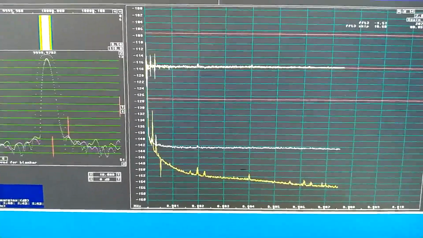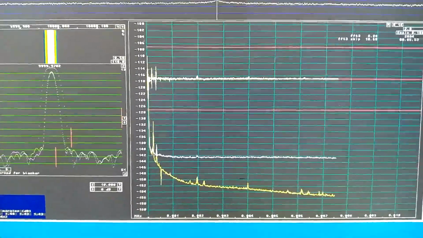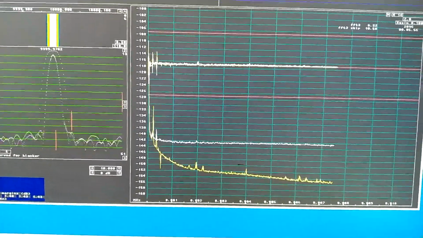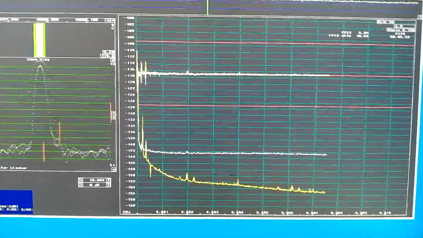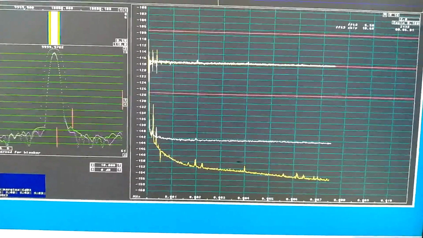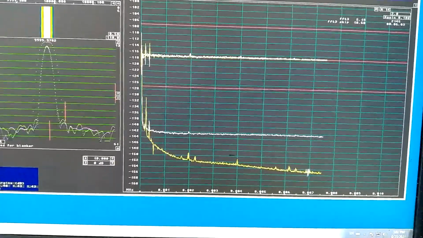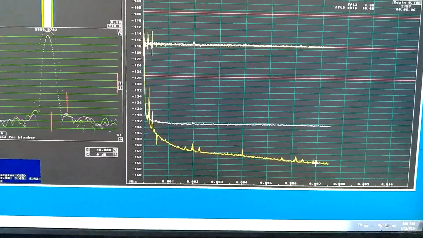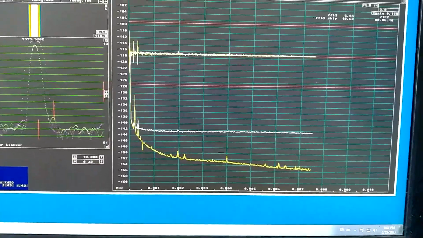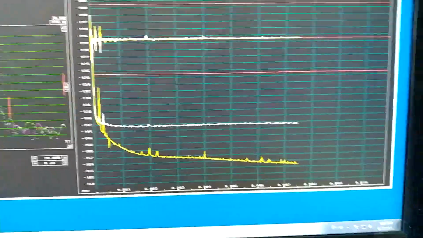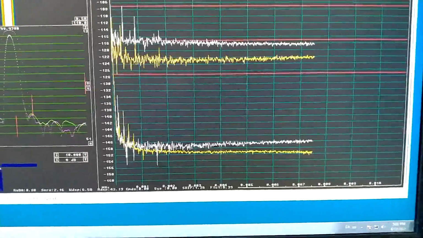I have added the amplitude limiter and tuned it for minimum noise at 7 kilohertz offset. Minimum phase noise. It's the yellow trace here. And now it is minus 155. Without this limiter, I had it like this.